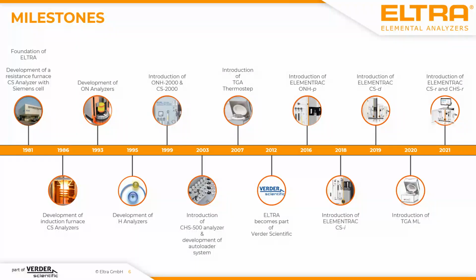And since 2012, ELTRA is part of Verder Scientific. After this time, we started developing the ELEMENTRAC series, which is called ELEMENTRAC ONH-p or ELEMENTRAC CS-i, which looks a little bit more modern than the gray units we maybe had before. And of course, we are still developing new analyzers, and please visit our homepage and our webinars to see what we will have in the future.